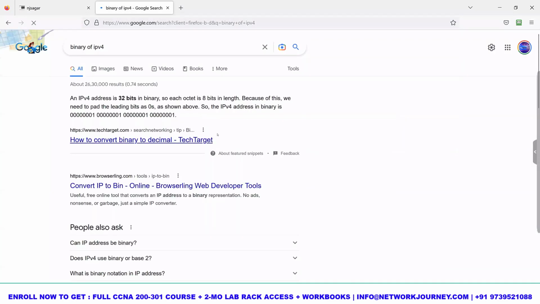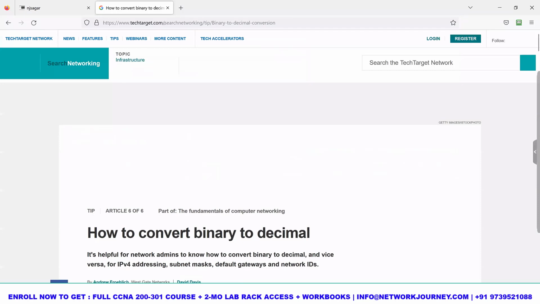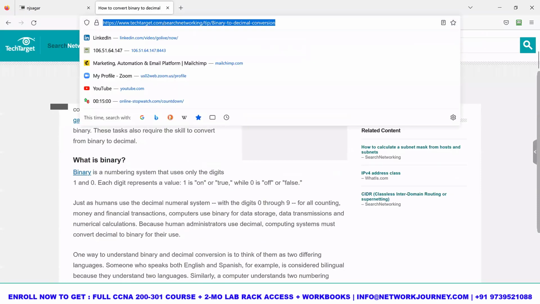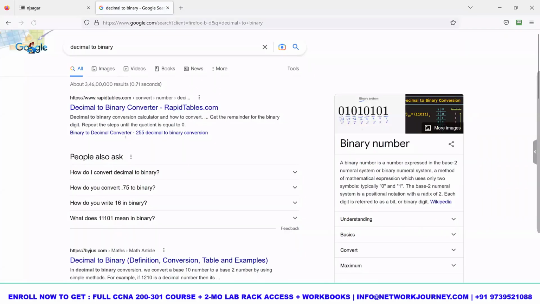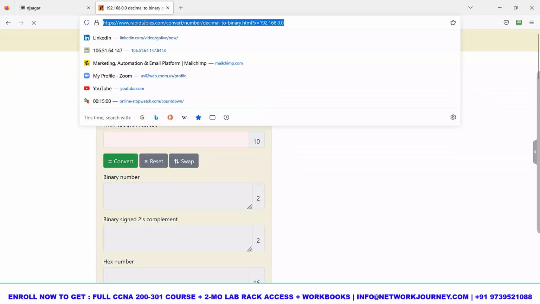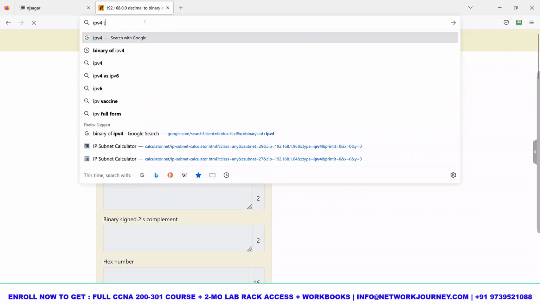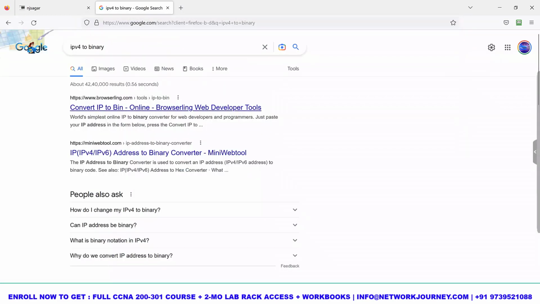How to convert decimal to binary? Let me use an IPv4 to binary converter with 192.168.0.0. Okay, I think this will work.